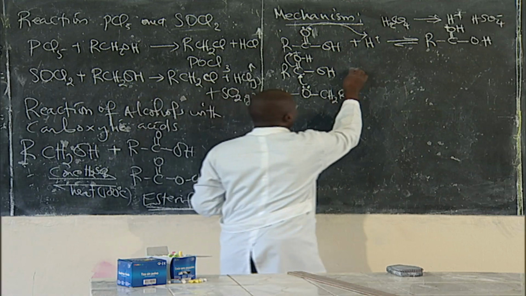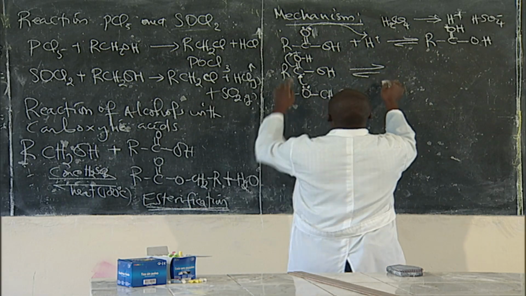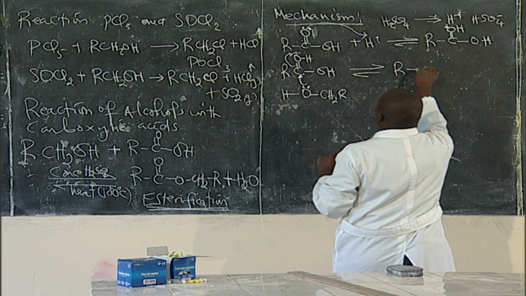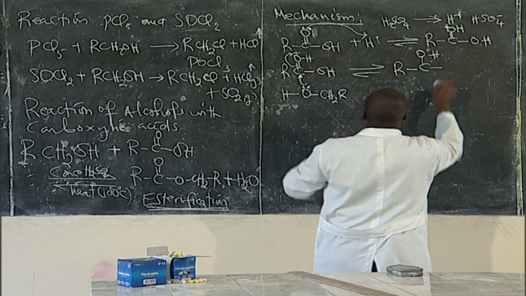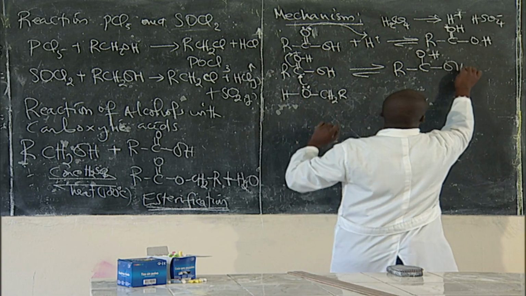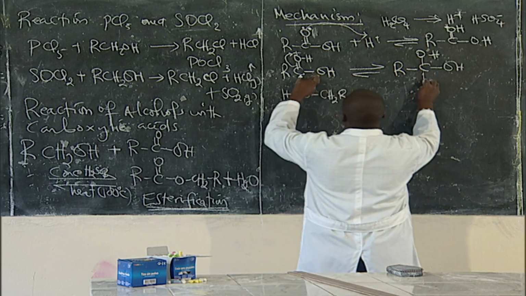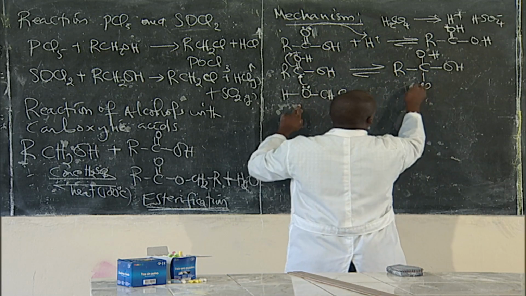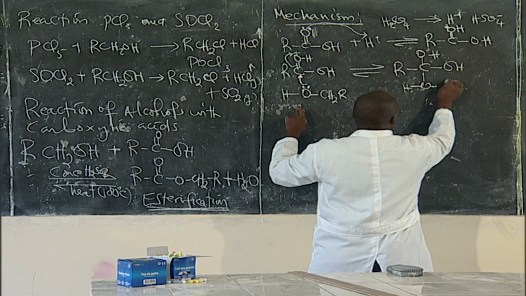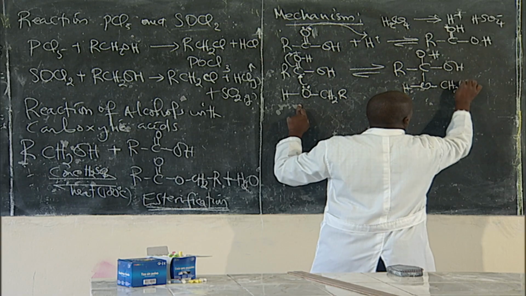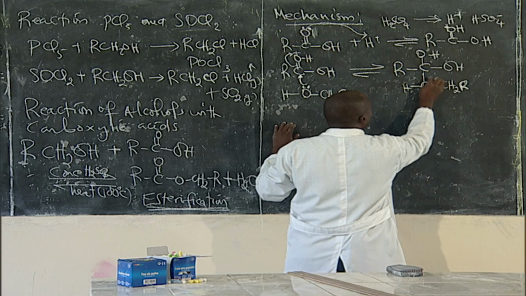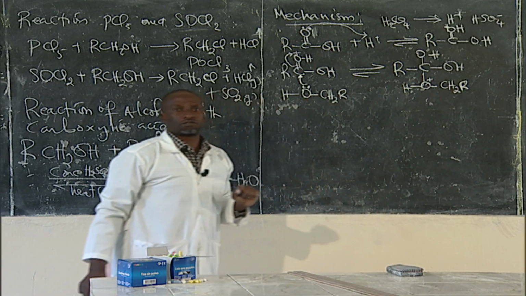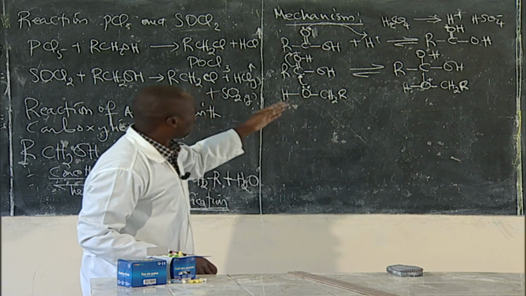And then it will form this compound here, R, with this OH, then this OH here, which is the same as this one. Then you have this oxygen with hydrogen, and then CH2R. Remember, this oxygen used its lone pairs, so it will form a positive charge. So that is the compound that is formed.